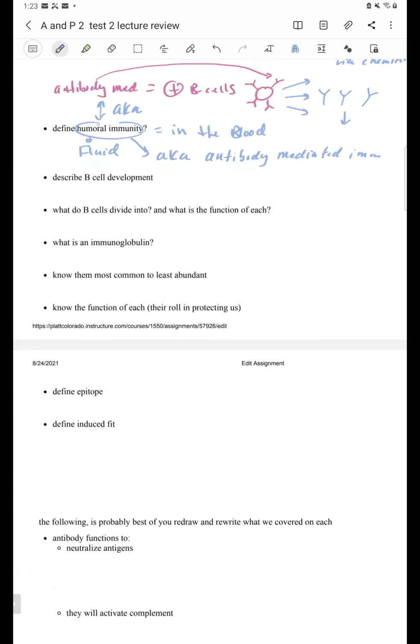The B cells can divide. So there's our division symbol. They divide into plasma cells and B memory cells.